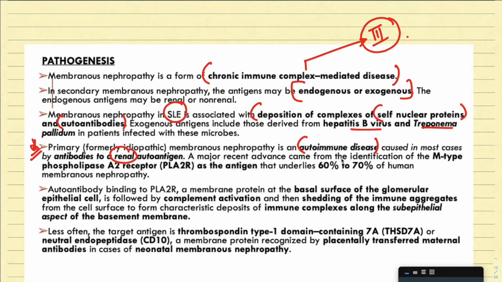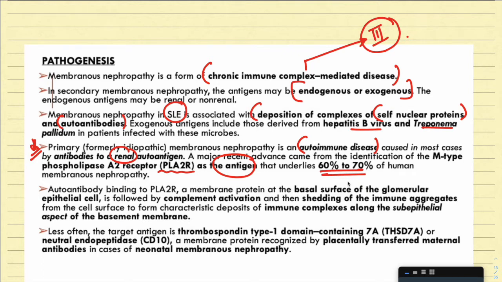So very, very important. Now there has been a discovery that this particular antigen in the kidney is the PLA2R, that is the M-type phospholipase A2 receptor, which acts as an antigen underlying 60 to 70% of cases of human membranous nephropathy.